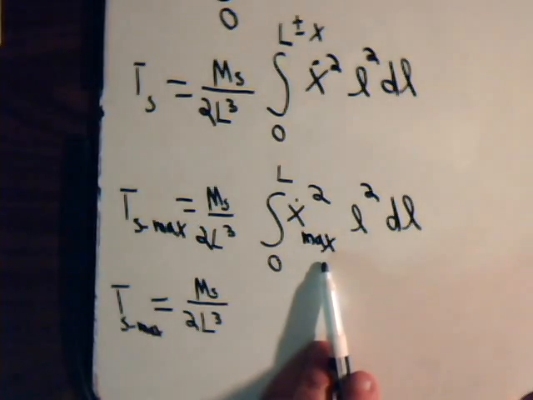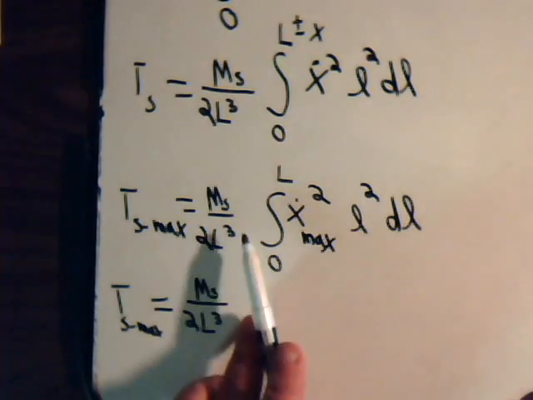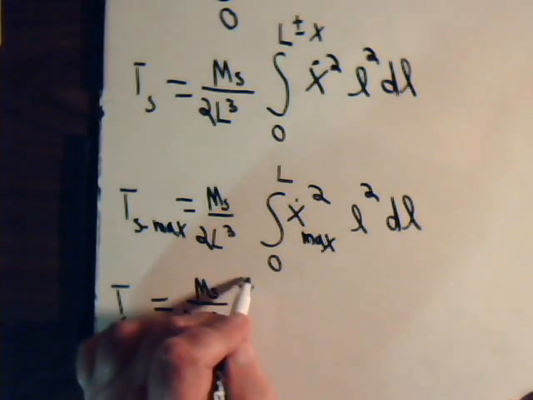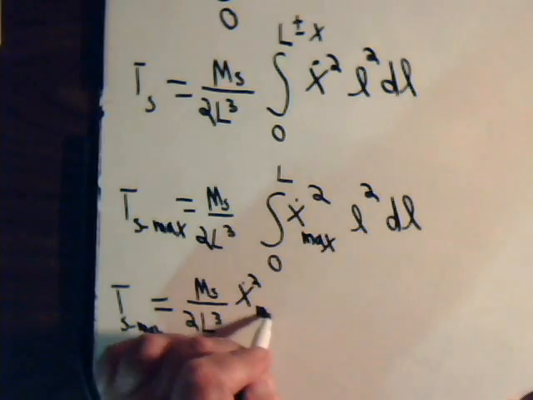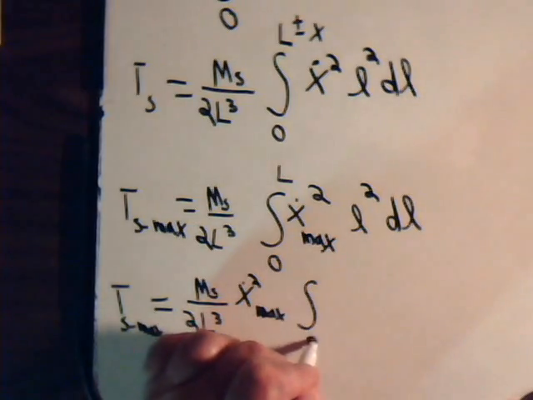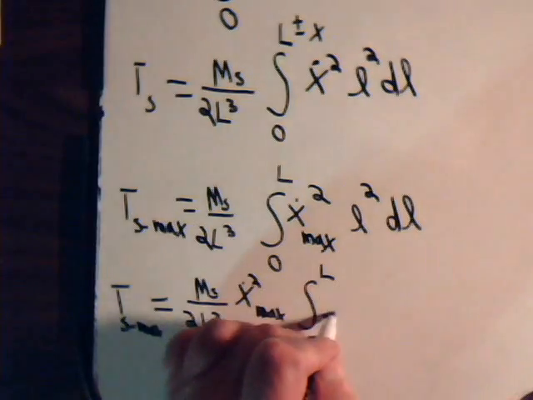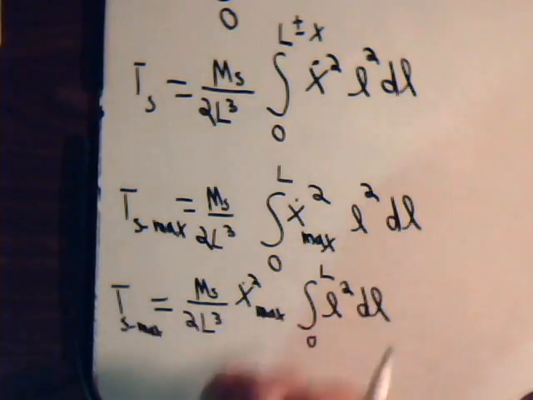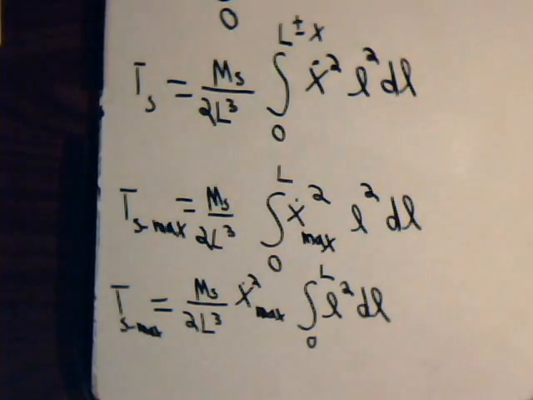The maximum velocity of the block is just some number that can go to the outside of the integral. Then we have times this integral from 0 to L, small L squared dl.